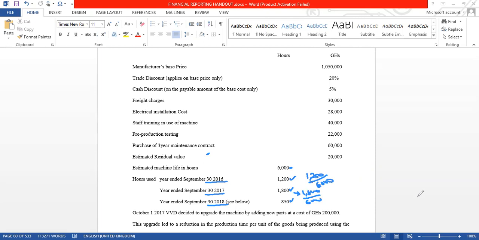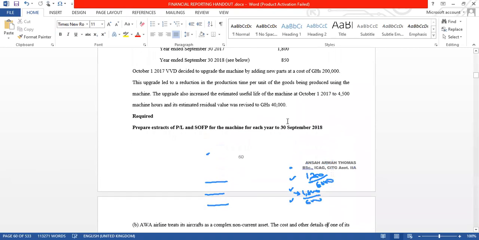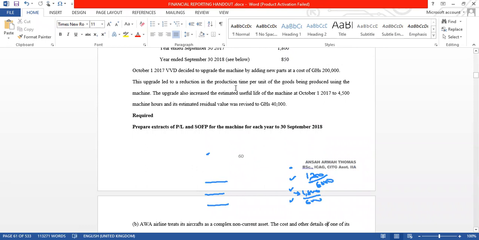Unless I think the last year there was an upgrade in 2017, so we may have to check in terms of what we are multiplying these figures with. Okay, it's very important. So if you look at the question, you realize that the upgrade increased the estimated useful life. All right, so you need to take note of that.